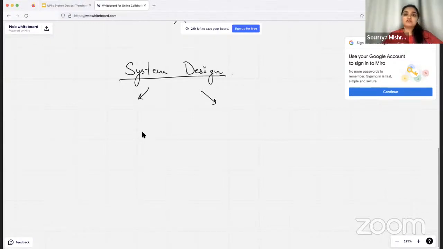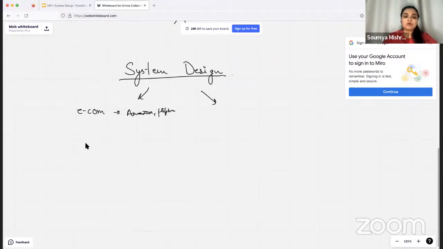Any environment, any app, any entity that you have can be called a system. For example, if I talk about e-commerce systems, there is Amazon, there is Flipkart, Myntra, Meesho, whatever. There are so many systems, right?